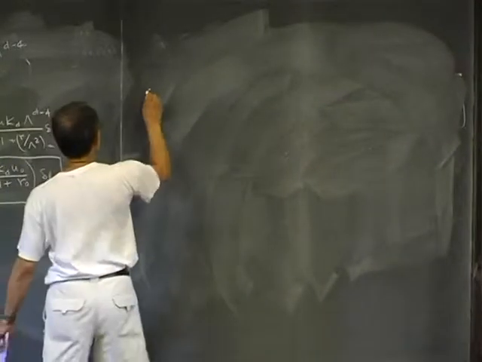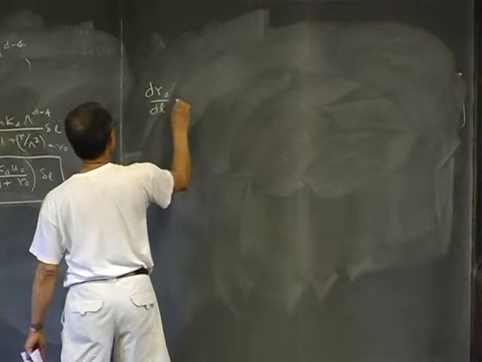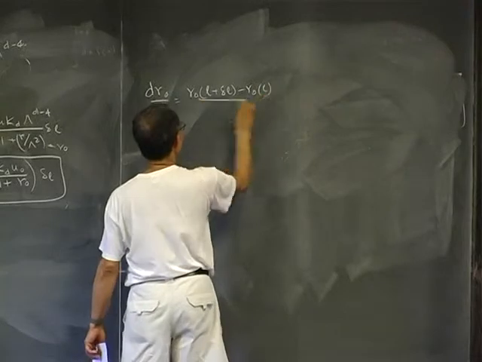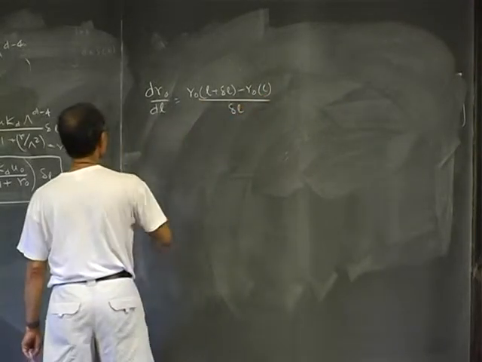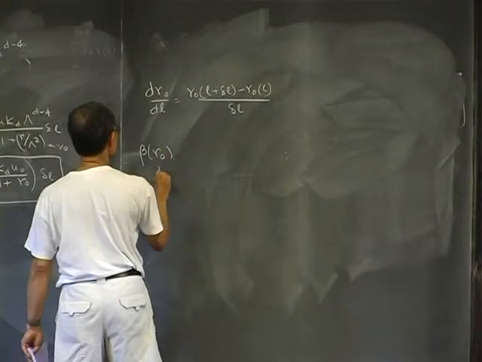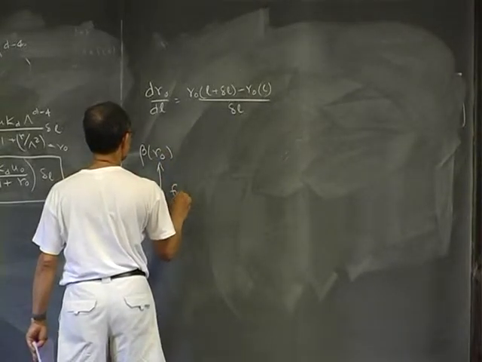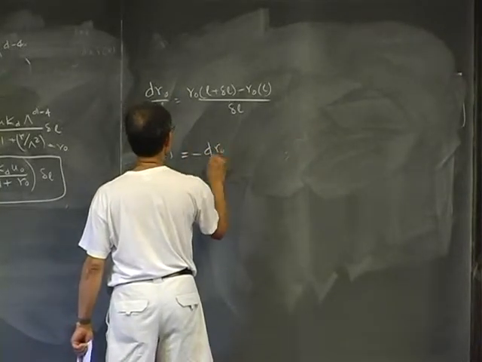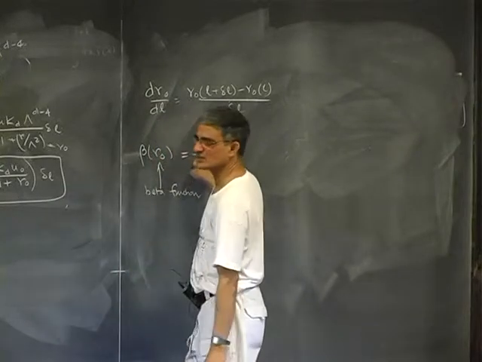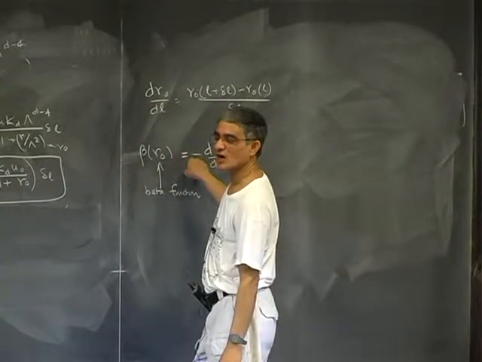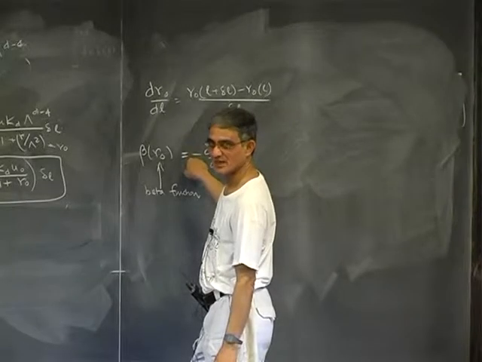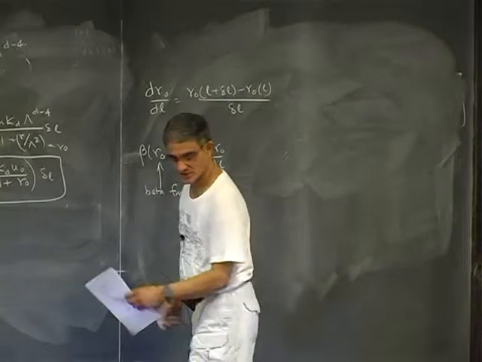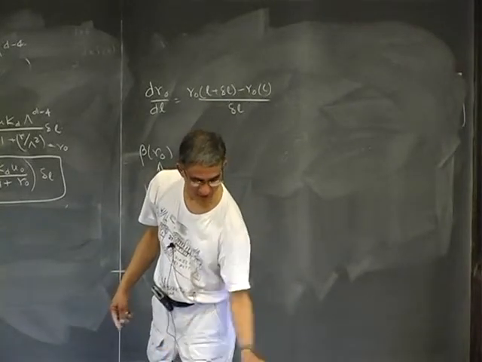I will define dr naught dl as r naught of L plus dl minus r naught of L, divided by delta L, and define something called a beta function, with this minus sign just by convention. It tells you how r naught changes as the scale changes, as the cutoff changes, and this relationship can then be written as a nice differential equation.